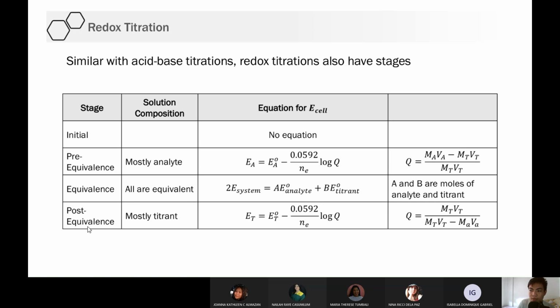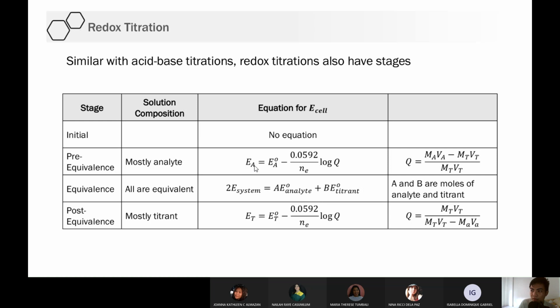For pre-equivalence, equivalence, and post-equivalence, so let's briefly discuss this, no? Pag pre-equivalence, remember, mas maraming analyte kaysa titrant, no? So in redox titration, that means that the equation to be used is the Nernst equation for the analyte, no?